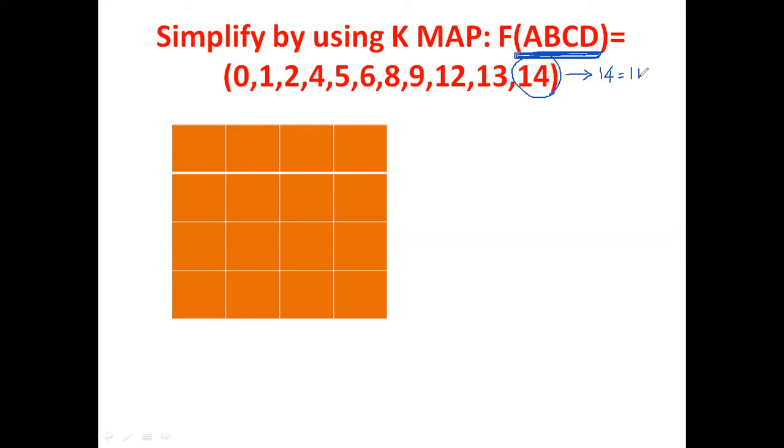Since it is 14, 8 plus 4 is 12, plus 2 is 14. This is the binary equivalent for 14, the maximum number given in the problem. By this we can confirm how many variables there are. Totally 4 bits are there, so we can conclude that it is a 4 variable Karnaugh map method of reduction.